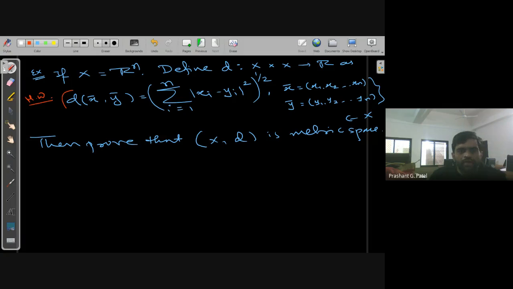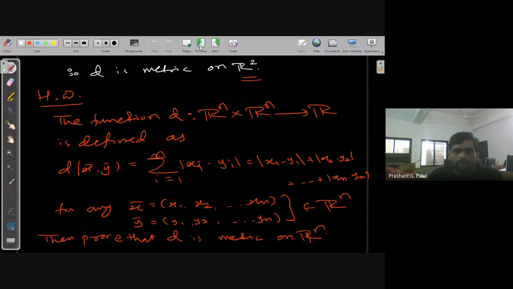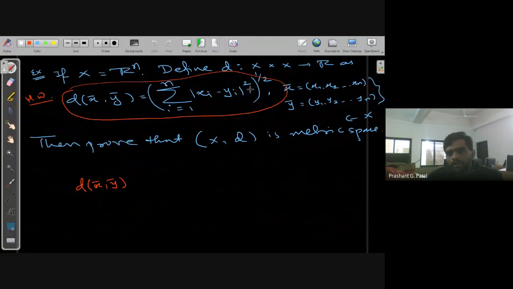Instead of defining this quantity, I can define it like this: d of x bar, y bar. Why does this generalization come into the picture? Because previously we have seen power 1 and whole power 1 by 1. Here in this example, power 2 whole power 1 by 2 is there.